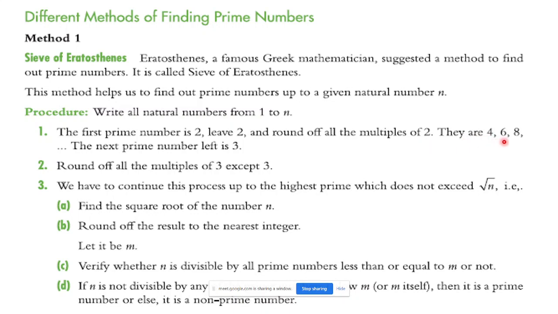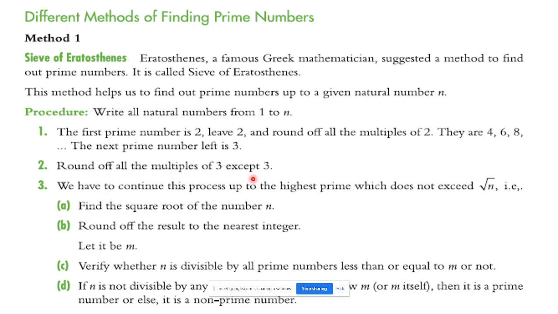They are 4, 6, 8, and so on. The next prime number left is 3. Round off all the multiples of 3 except 3. Like this, we have 25 prime numbers from 1 to 100 by using this method.